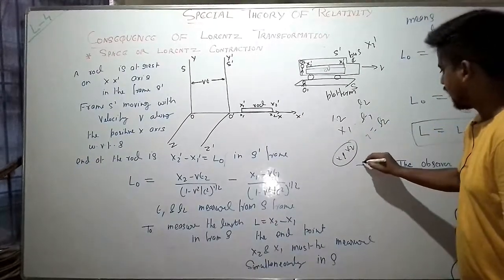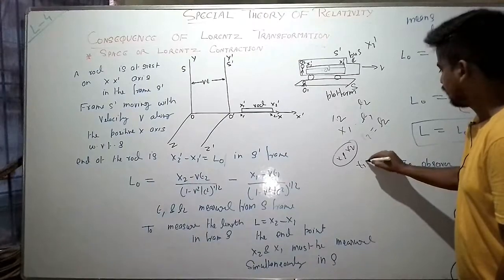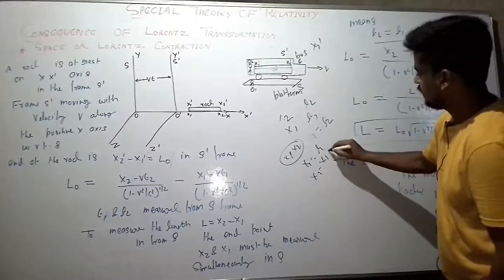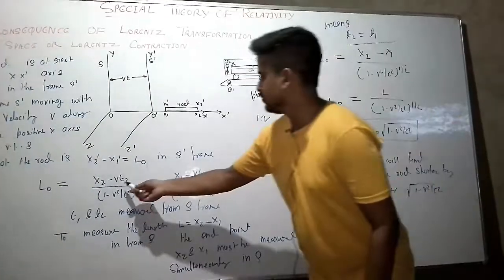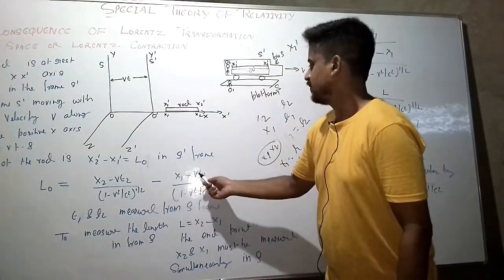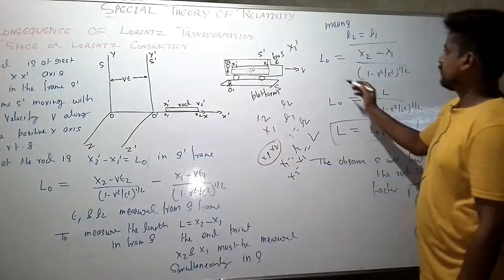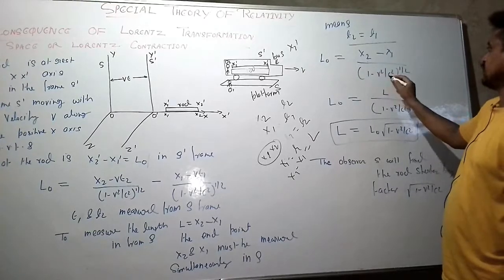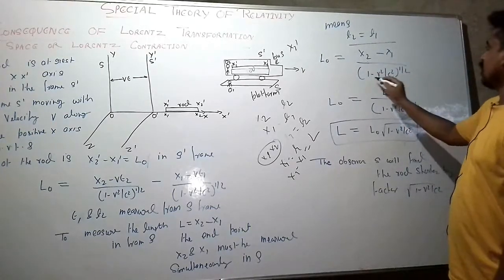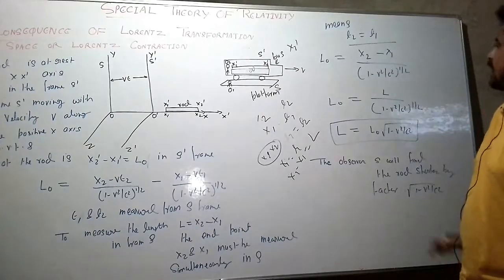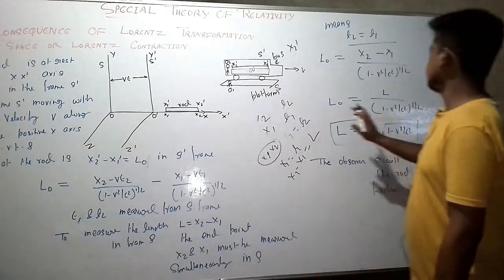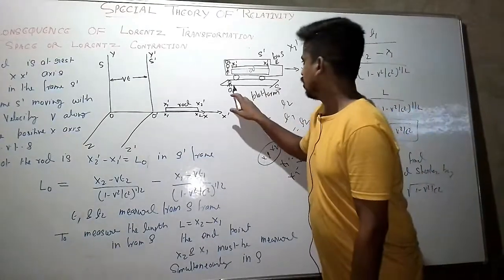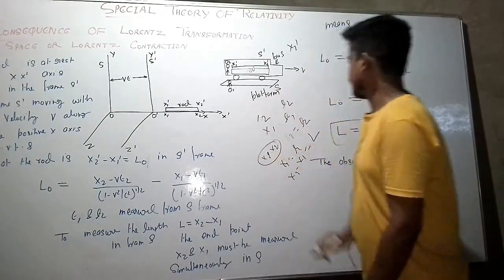So t1 equal to t2, and x2 minus x1 will be L. So the vt2 and vt1 terms will cancel out. We are left with L naught equal to x2 minus x1 divided by root 1 minus v square by c square, and x2 minus x1 is L, the length observed by the observer O1 on the platform S.